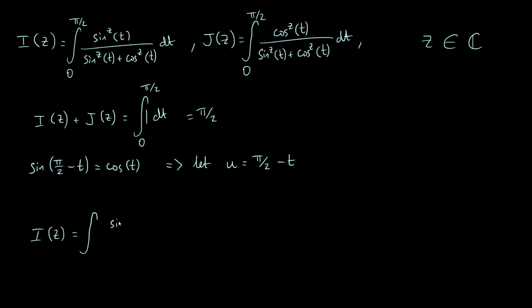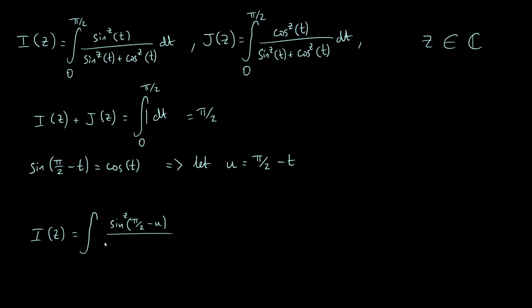So if u is pi over 2 minus t, then t is pi over 2 minus u, right? So we can write this numerator as sine to the z of pi over 2 minus u.